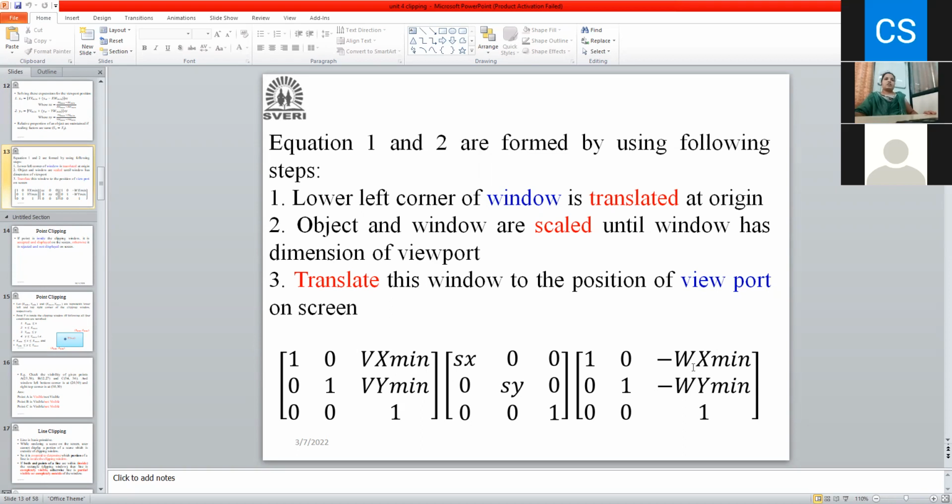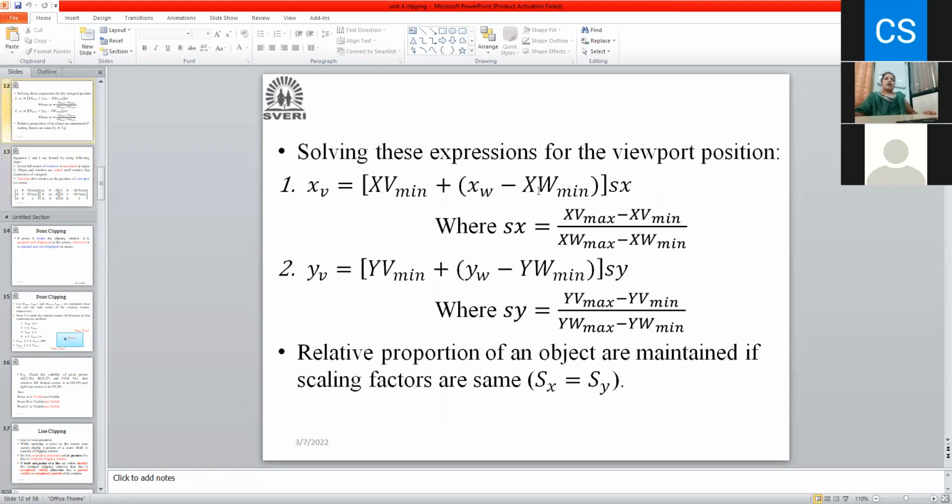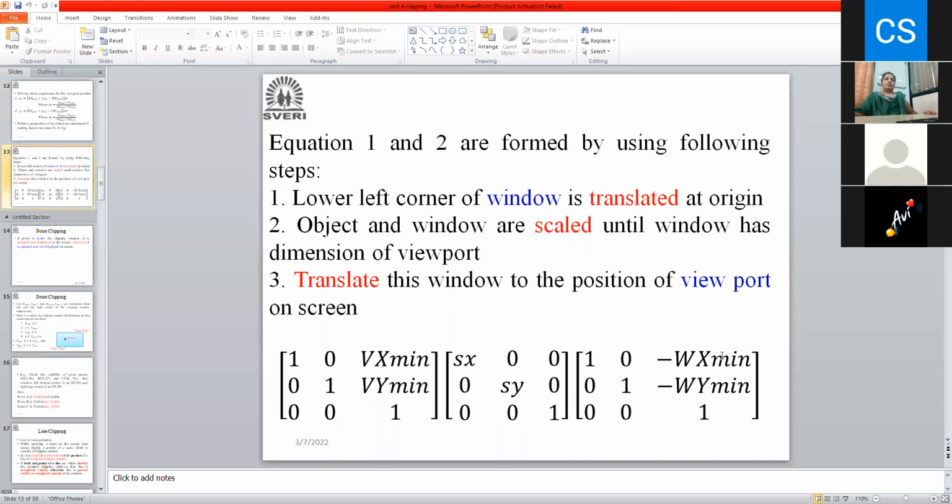And the next is xw min and yw min. Here, these two are again represented as if they are translated. Addition and subtraction is nothing but an example of translation taking place. So here also we have the translation matrix.